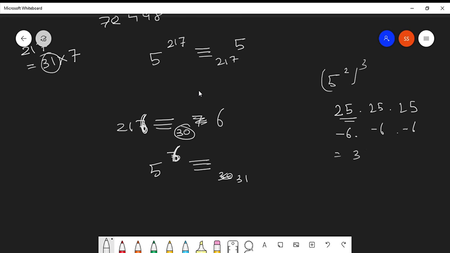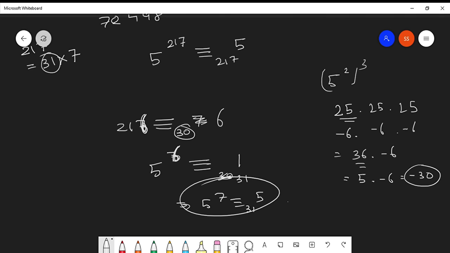So this becomes 36 times -6. 36 is basically 5 mod 31. So this becomes 5 into -6, that is -30, and -30 is 1 mod 31. So from here we get 5^7 is congruent to 5 mod 30.